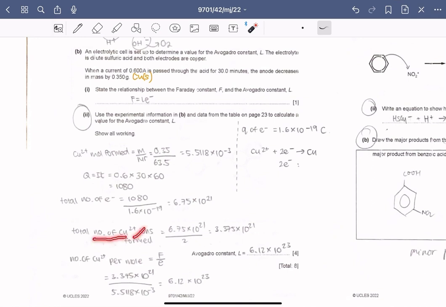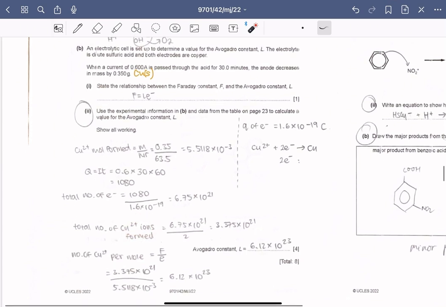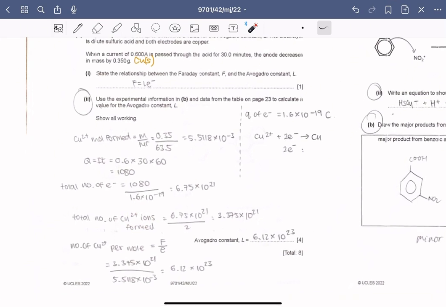So the total number of Cu2+ ions present is actually divided by 2 because of the charge. For every Cu2+ ion, there's actually twice the number of charges. So divided by 2, equals 3.75 times 10 power 21 total Cu2+ ions formed. So number of Cu2+ per mole, so 1 mole, we use the formula F over e.